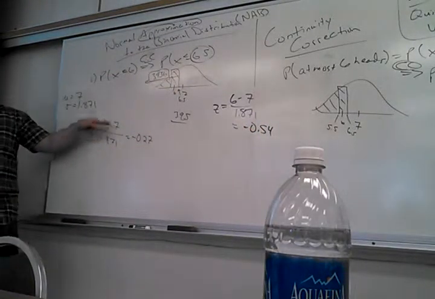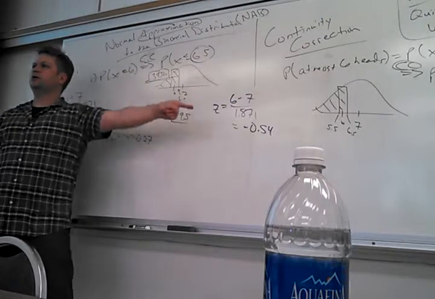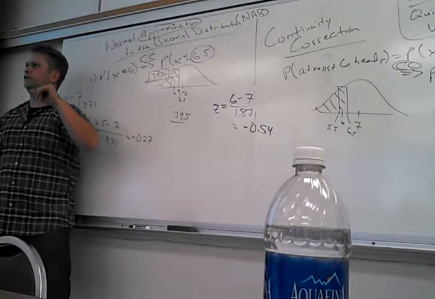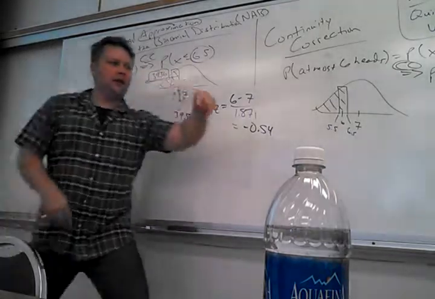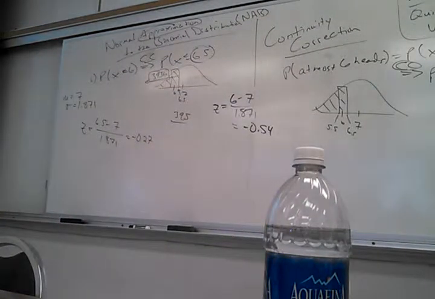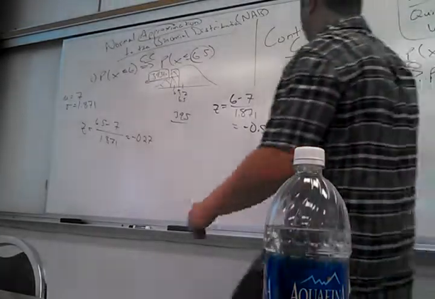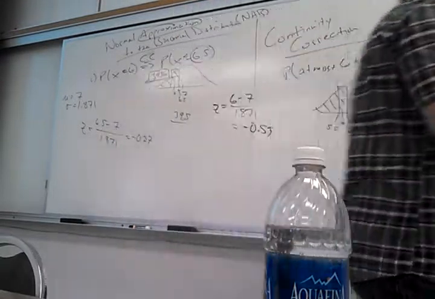Right, because this is a half on top, this is a 1 on top, so it's going to be twice as much as that one was. So now I'm actually twice as far away, really. So when you look up negative 0.54, I get an area of... It'll be negative 0.53. 5.3? Oh, because of the rounding. Thank you. So 0.53. So if I look up negative 0.53, what do I get here?